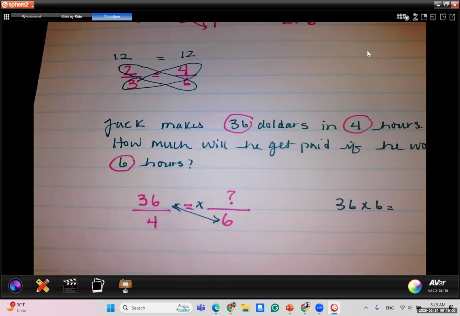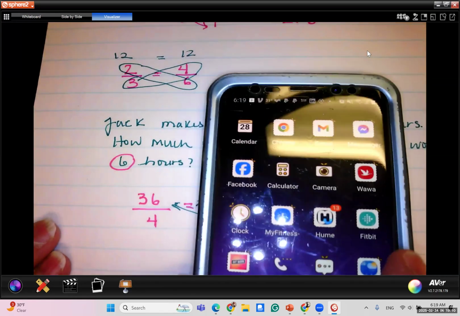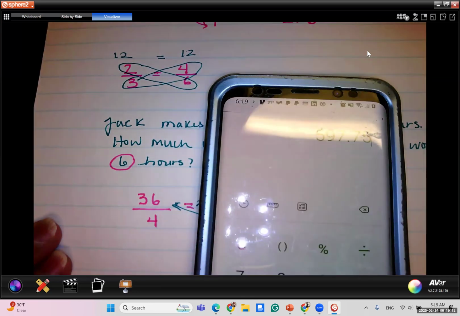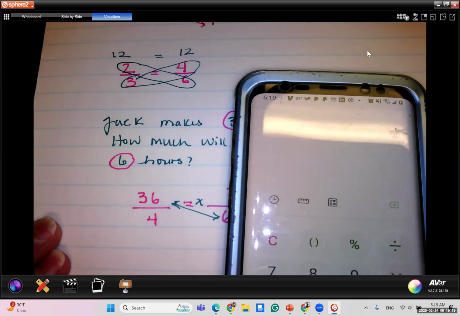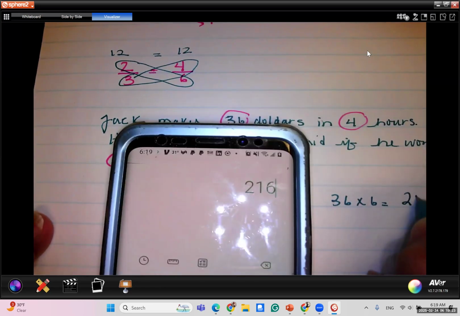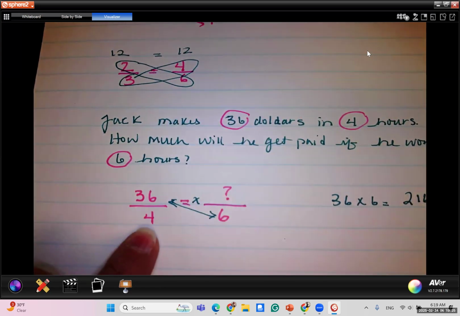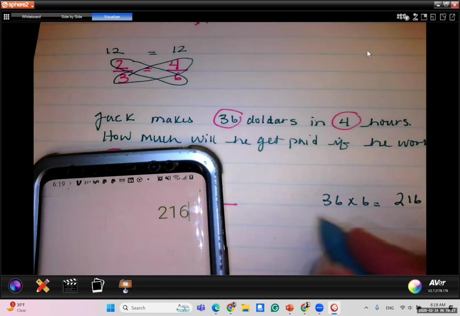And in this case, let me do it for you. And if you can't do it in your head, that's fine. Use a calculator. So here is a simple calculator. So 36 times 6. Okay, so 216. And then divide that by the remaining number.